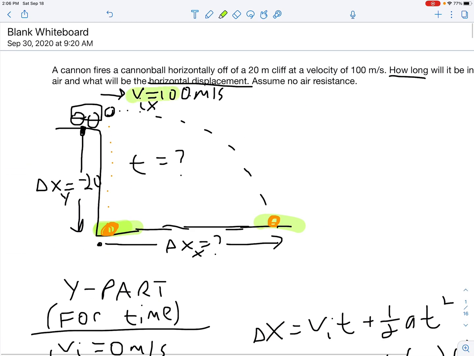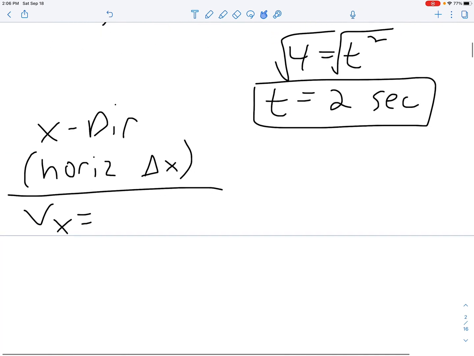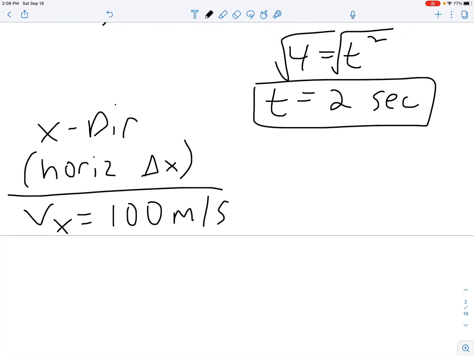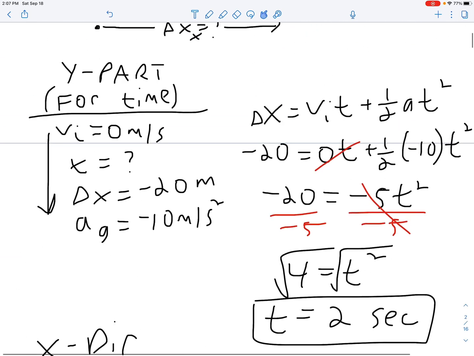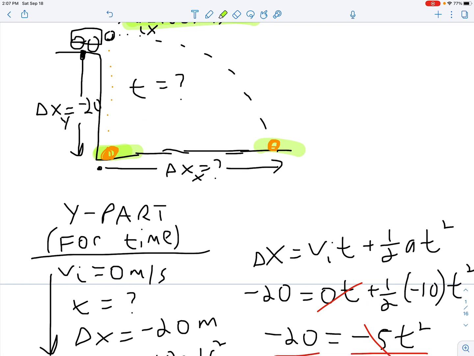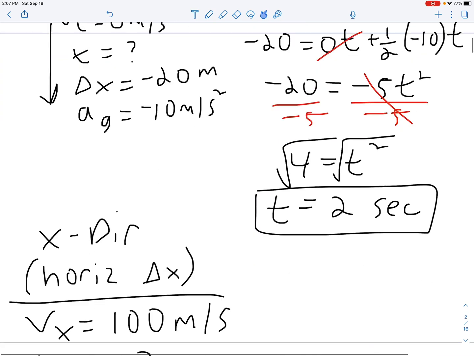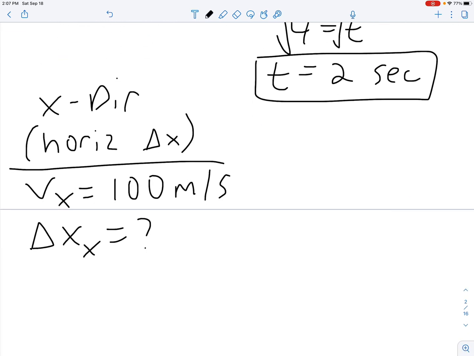I was given that right here. 100 in the x direction. So I'm going to put 100 here. I'm trying to find the distance in the x direction. That's my question mark, that's this down here. And I know the time. How long is it in the air for? I just found that. That's 2 seconds, so that is right here.